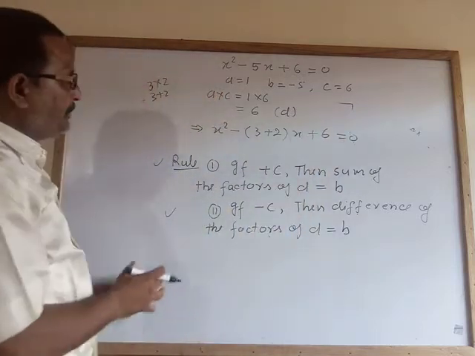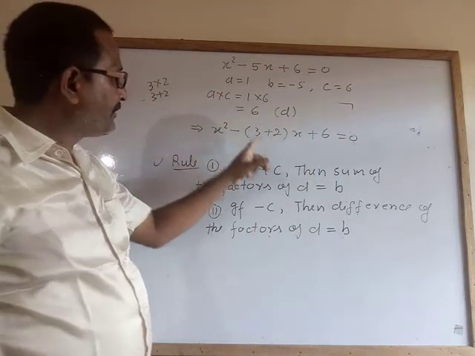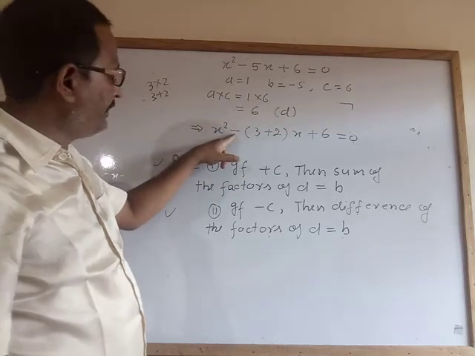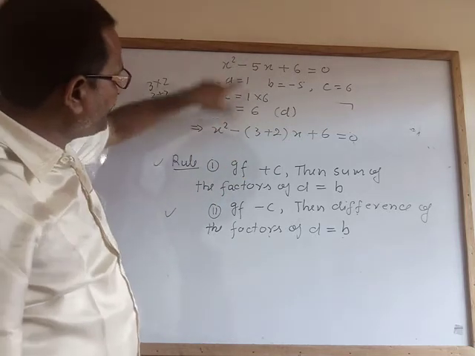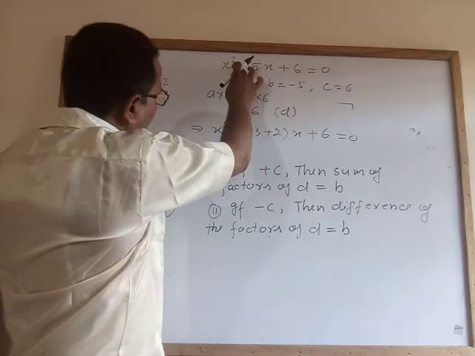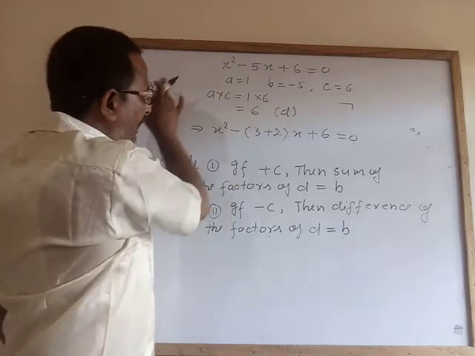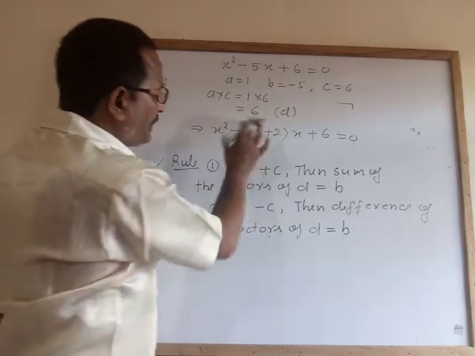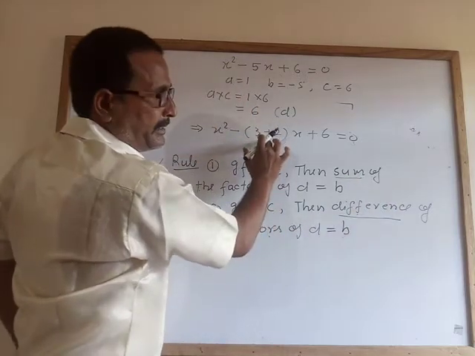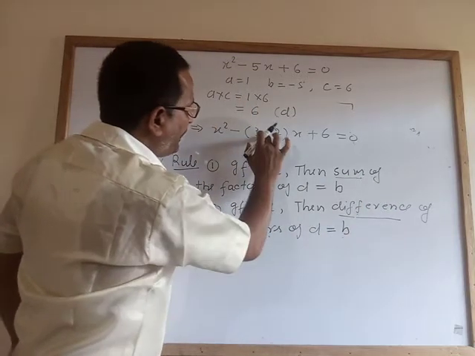If you simplify this one, 3 plus 2, it will come minus 5. Minus is already here, same. I am not changing. Don't write here minus or plus; only whatever sign you write here. According to the rule, the sum and difference of the factors you mention here: sum then plus, difference then minus.